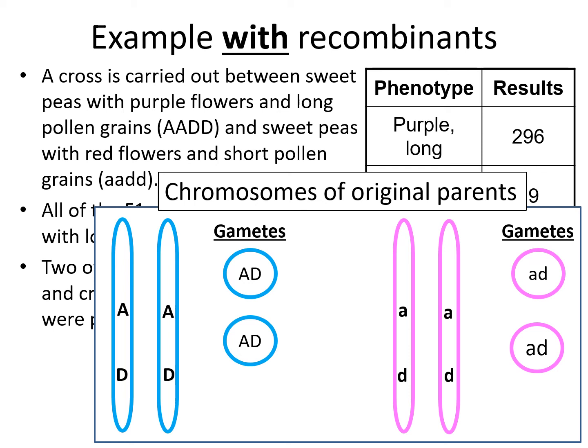Therefore, the gametes for those grandparents must have contained the uppercase A and D in one particular organism, and in the other parent, it would have had the lower cases a and d. Because we're talking about linkage, that would carry through to the F1 generation.